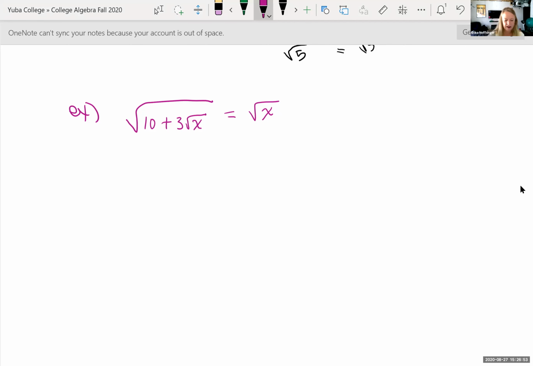We can raise both sides to the index of our radical, so we could square both sides. So that would get rid of this main radical on the one side, leaving us with what's underneath, which is called the radicand, and that would be 2 plus 3 square root of x. This is equal to, well, over here, when I square the square root of x, that just also gives me just x.